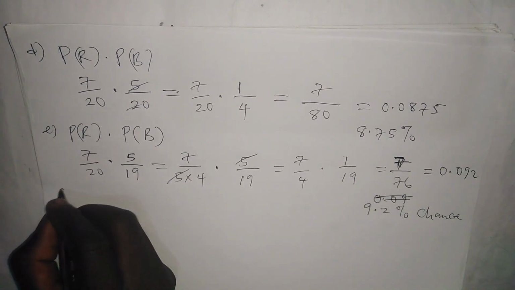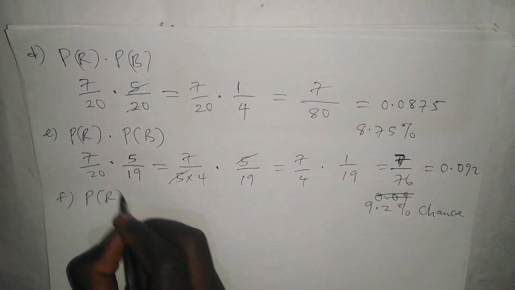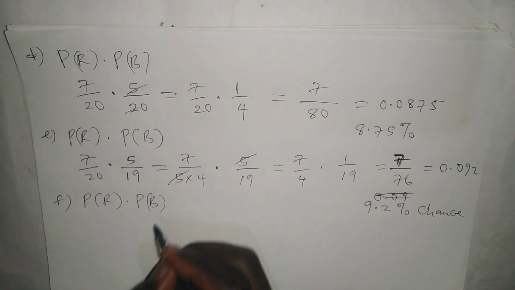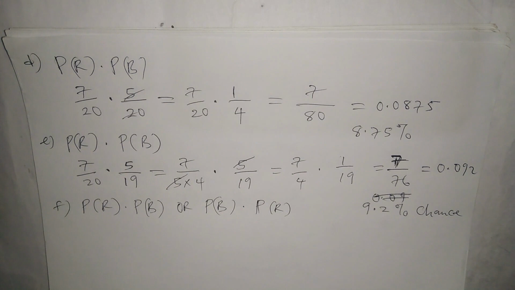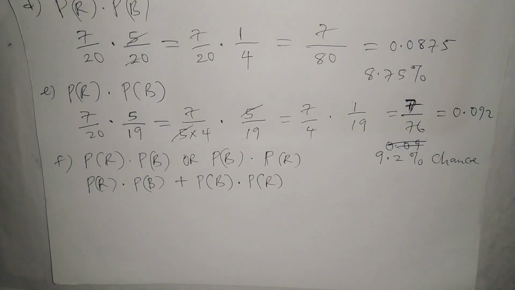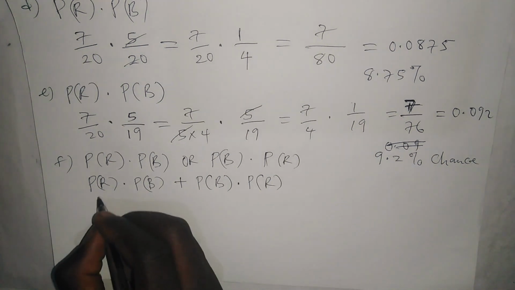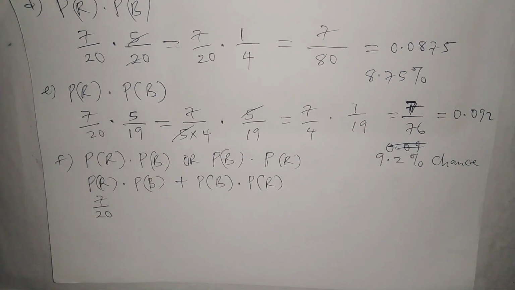For question F, what is the probability of selecting a red and blue marble without replacement? So in this case, the order is not specified. Since the order is not specified, we have the probability of selecting the red, then the blue, or we select the blue, then the red. So the probability of selecting a red marble, we have 7 red marbles in the jar and then 20 marbles total in the jar.